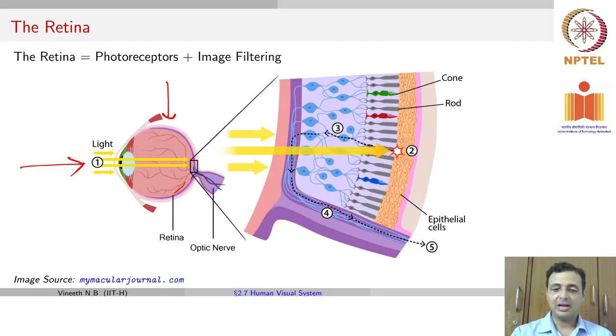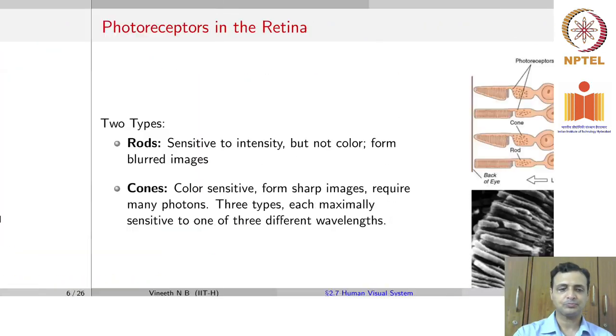So at the far end, it consists of course of epithelial cells, and just before the epithelial cells, the retina consists of what are known as rods and cones, which you may have heard of. But before the photons fall on the rods and cones, there are many other cells too, such as what are known as ganglions, bipolar cells, and so on and so forth, which the information passes through before reaching the rods and cones. Each of the rods and cones has specific properties.